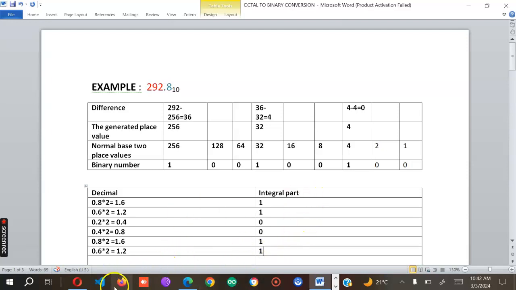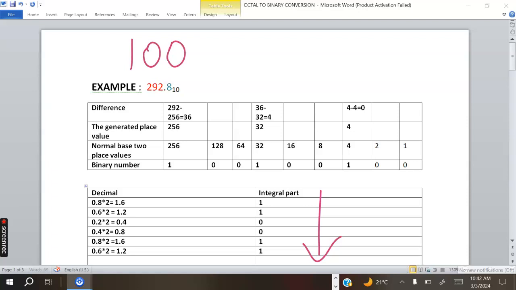Now you read from up downwards like this. So the final answer for this one will be, let's start with this one, 1, 0, 0, 1, 0, 0, 1, 0, 0 point.